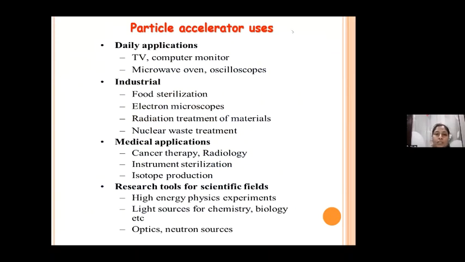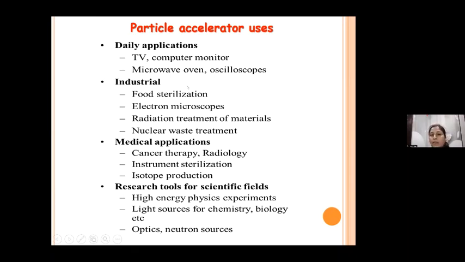So these are very interesting applications of the particle accelerators. For example, across our daily lives, we can see television, a computer monitor, microwave oven, oscilloscopes, or in industries.